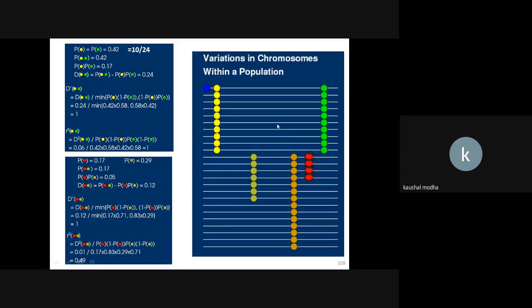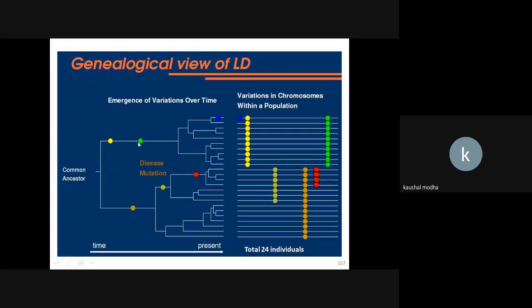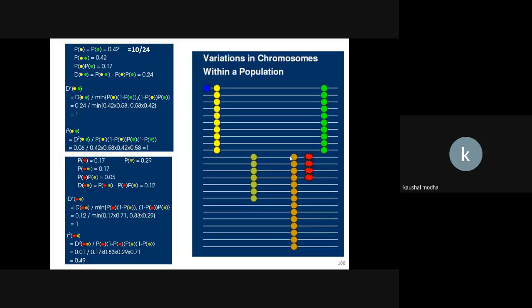That means R square value also gives us an idea about historical occurrence. These two alleles might have arisen before divergence of this population. Because they arose before the divergence, this yellow and green, you can see here they are present together in all these individuals.